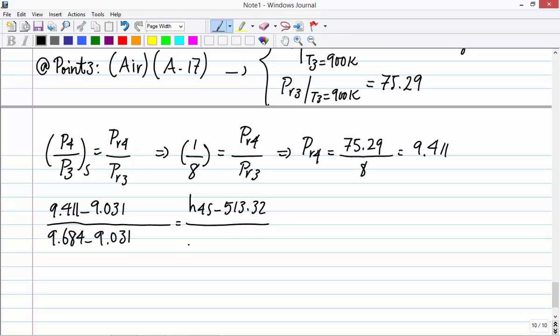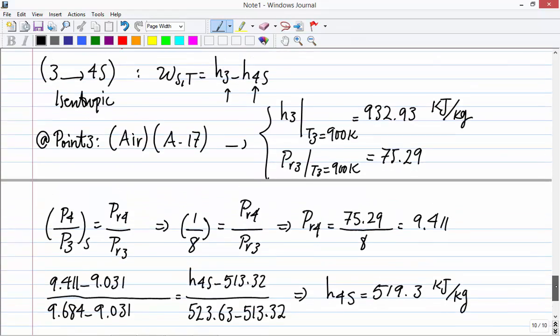So the enthalpy at point 4, as if the process 3 to 4 was happening isentropically, is going to be 519.3 kilojoule per kilogram.